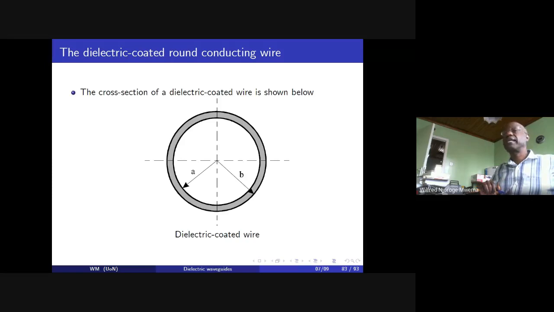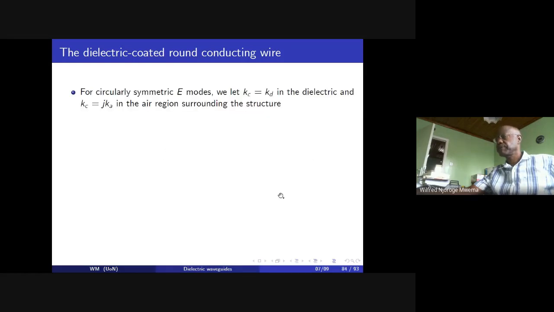If you were to look at them in terms of very high frequency operation, they would appear as shown, a conductor surrounded by a thin layer of plastic, which is usually PVC, of thickness b minus a. So for circularly symmetric TM modes, we can let kc equal kd in the dielectric and kc equal to jka in the air region that is surrounding the structure.